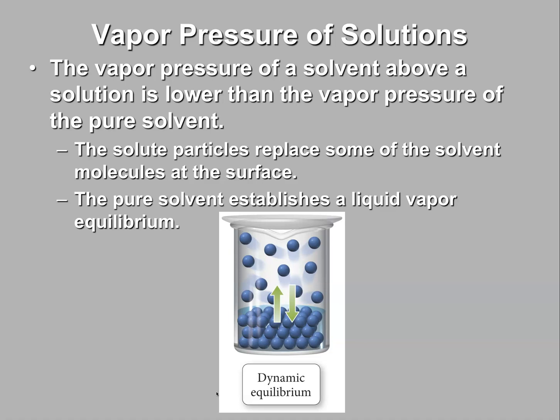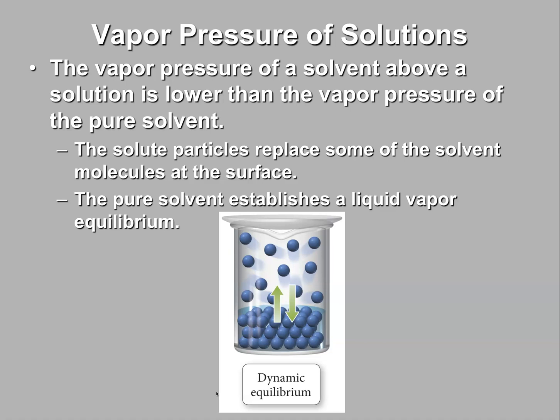So some solute particles replace some of the solvent molecules at the surface. Pure solvent establishes this lovely equilibrium. So again, a lot is going on with what's happening at the surface of your solvent or solution.